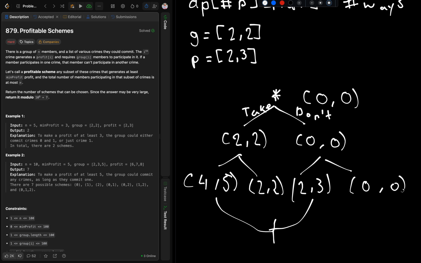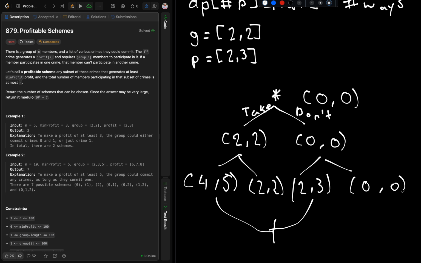And then min profit plus 1. And if we have 0 people and 0 profit, there's only one way to do that. So we'll just add that to that.